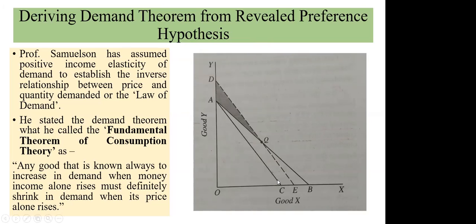Now, on this AC line, we can see that there are no such points given, because in order to find out this particular effect of the price increase, what Professor Samuelson has done is that he has given an equivalent amount of money to compensate him for the price rise, which is given by the cost difference.